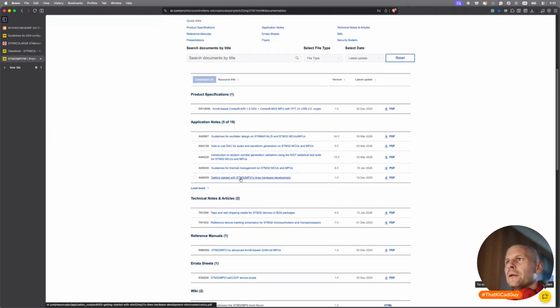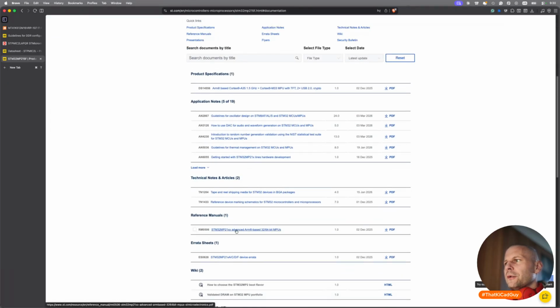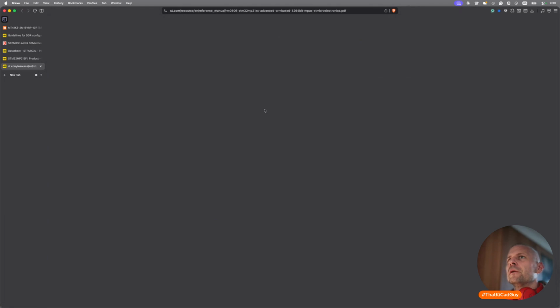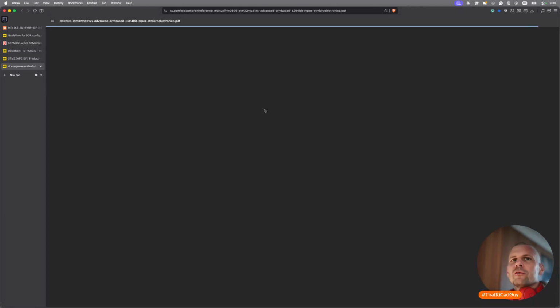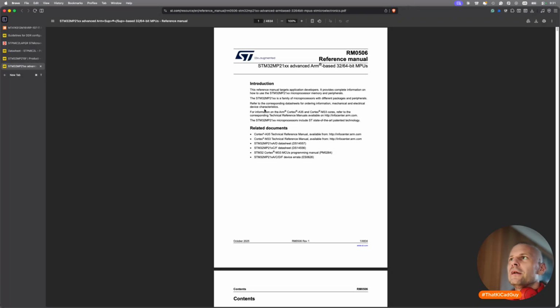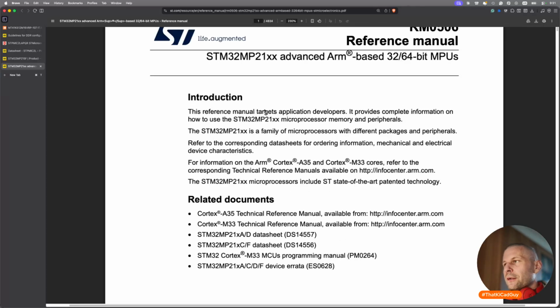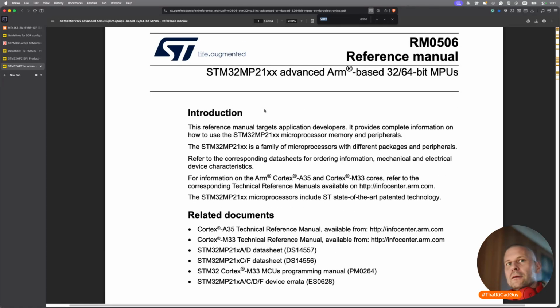Documentation, reference manual here, and we are looking for VDDR_VREF. Okay. Once it's downloaded, now DDR_VREF.